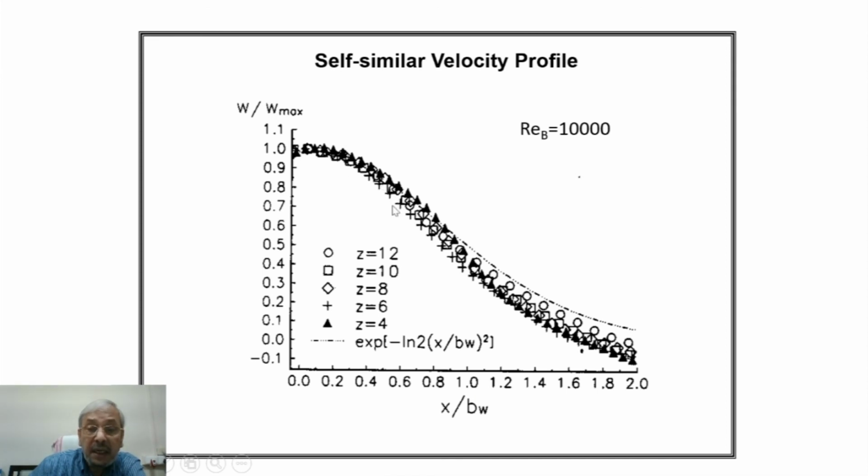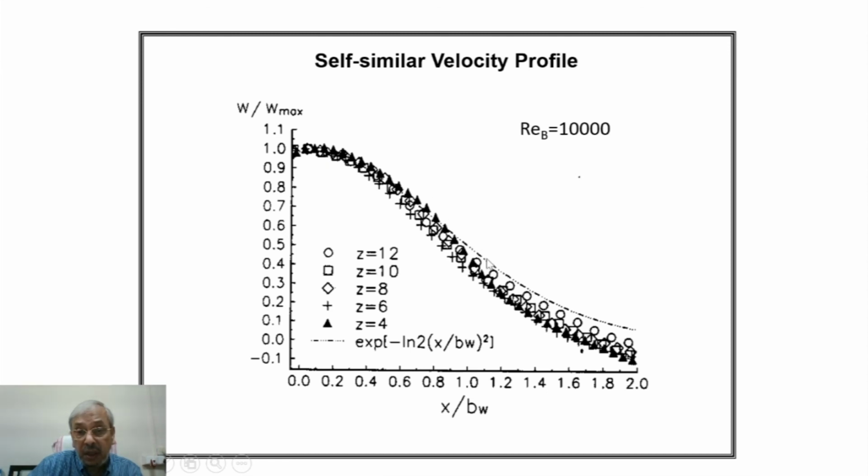And here we calculated for Reynolds number in the 10,000s and different jet heights, z equal to 12. Z is a direction perpendicular to the plate. 12, 10, 8, 6, 4, and these are different symbols.